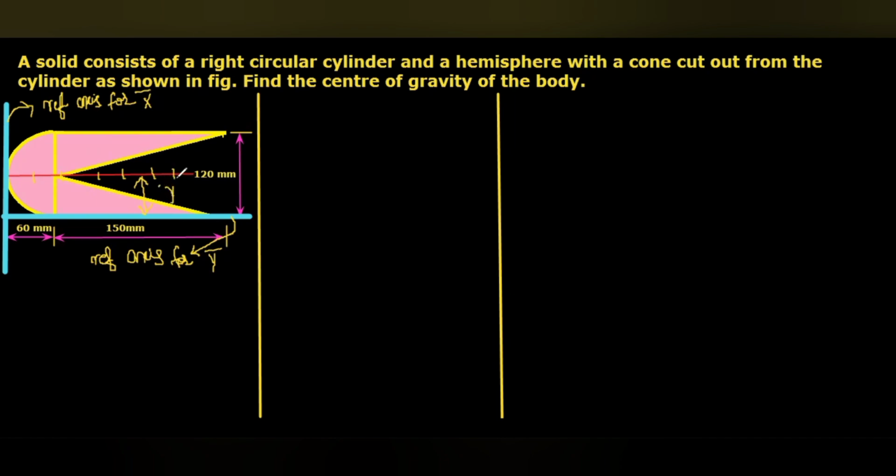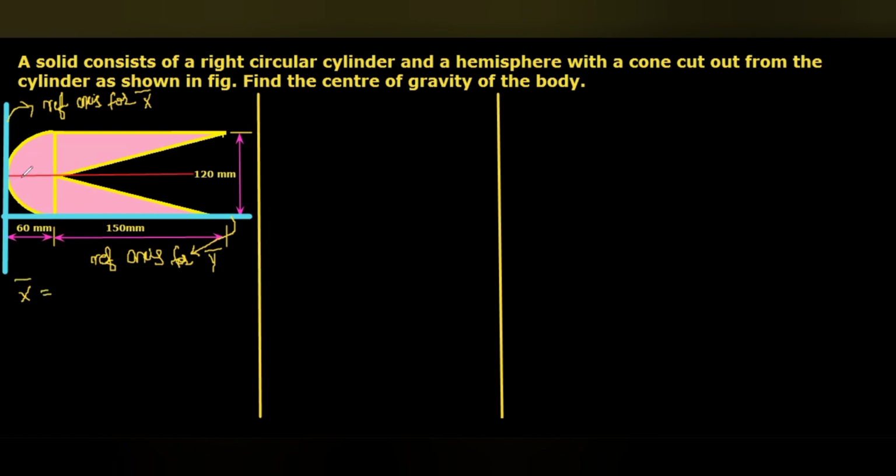So the y bar value will be equal to the vertical distance of the cylinder, 120, divided by 2, that means 60 mm. From here to here it will be 60 mm. Do you understand? So we don't want to calculate y bar here. We are going to calculate only x bar, since this is symmetric about the horizontal axis.